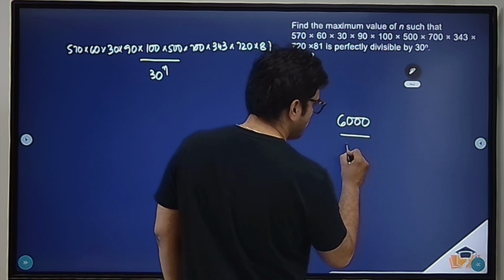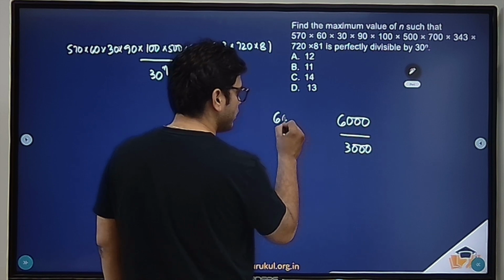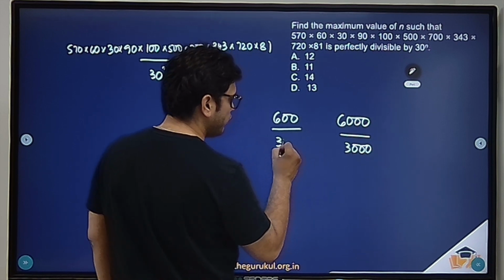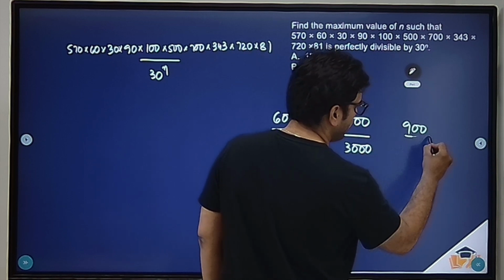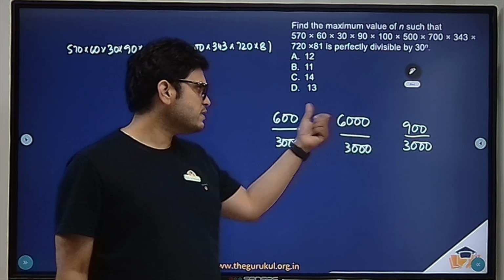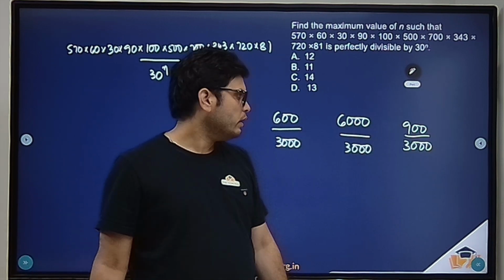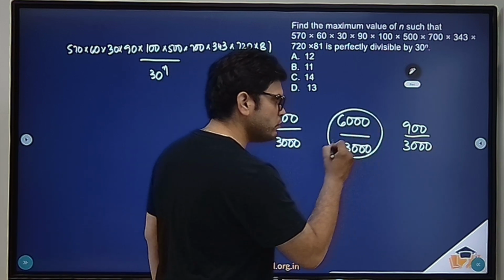6,000 divided by 3,000, 600 divided by 3,000 and 900 divided by 3,000. Now, which of these three, 600, 6,000 and 900, is exactly divisible by 3,000? 6,000.